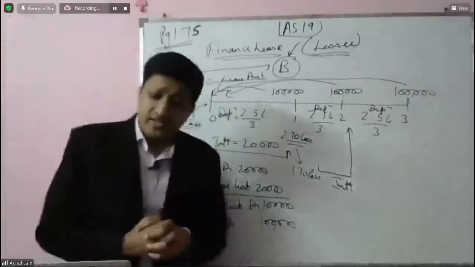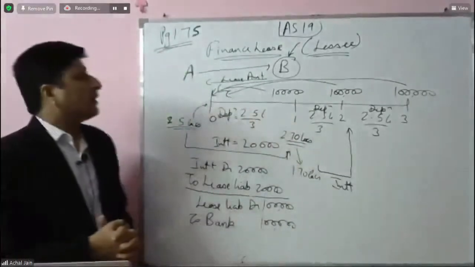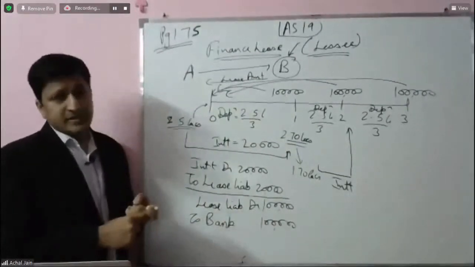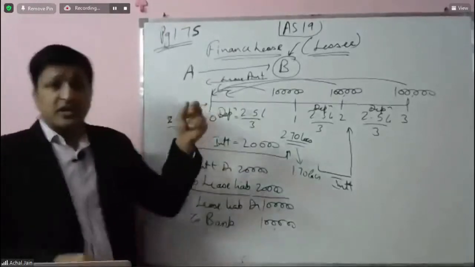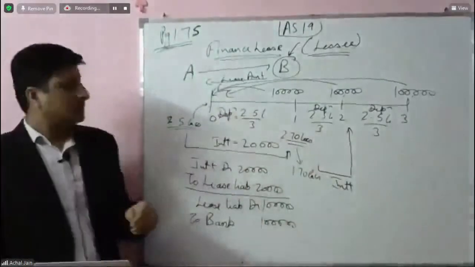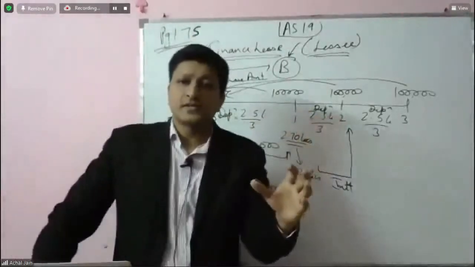Now, in this case, let me just quickly recap few things that we have covered. One is the concept of present value. Second is the accounting which lessee will do at the time of inception of lease. Third is the accounting which lessee will do over the period of the lease.